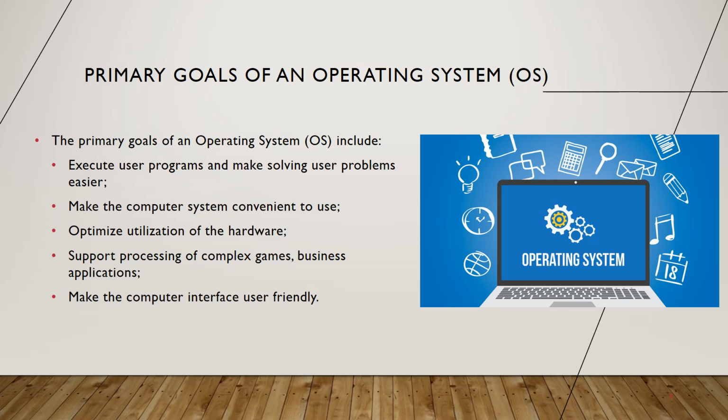The operating system does a lot of tasks, but the primary goals of the system include: execute user programs and make solving user problems easier, make the computer system convenient to use, optimize utilization of the hardware, support processing of complex games and business applications on the computer system, and, most importantly, make the computer interface user friendly.